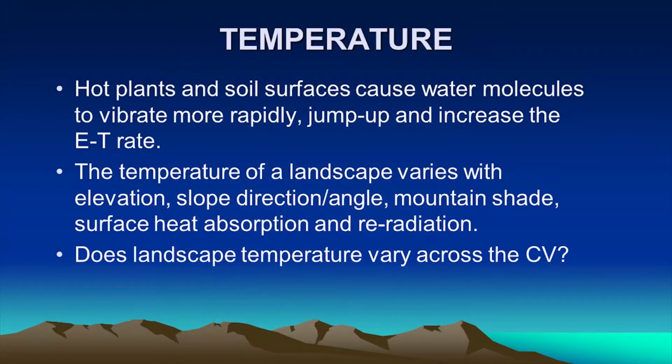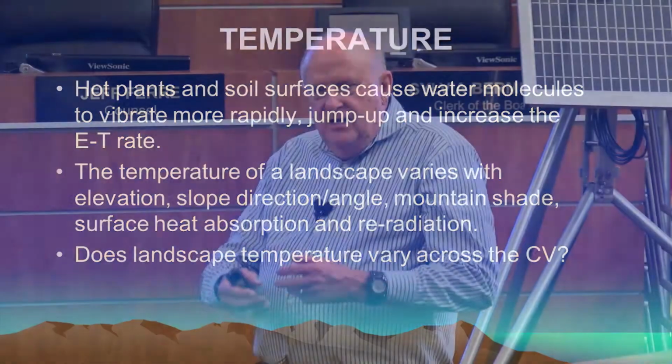Hot plants and hot soil surfaces cause the water molecules to vibrate more rapidly. It's called Brownian movement. So you learn in basic chemistry. But they're warm, and so they vibrate more, and they're more easily evaporated. And they evaporate, and they're gone, and replaced by more. So the temperature of any landscape, like in your individual houses, your individual landscapes, varies with what elevation.